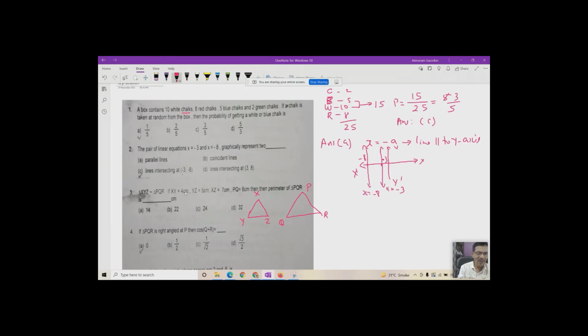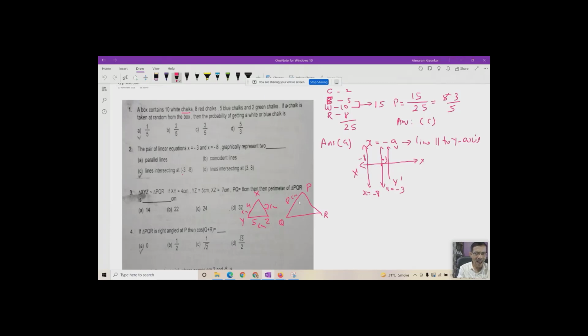Now XY is given as 4 centimeters, YZ as 5 centimeters, and XZ is equal to 7 centimeters. Then PQ is given as 8 centimeters.